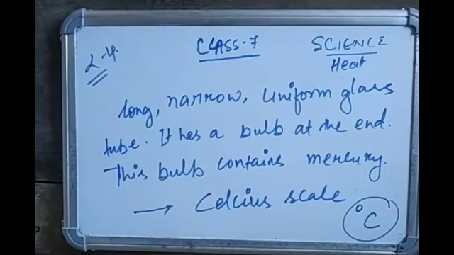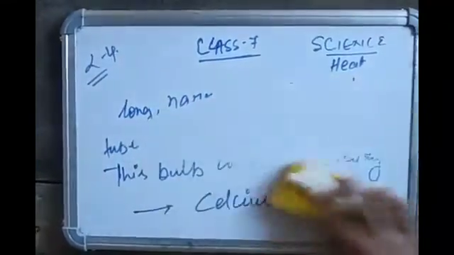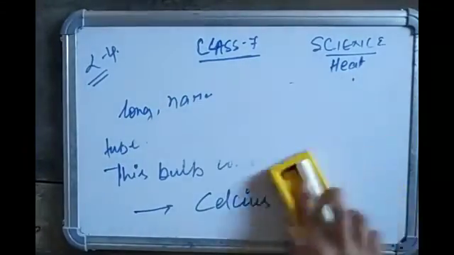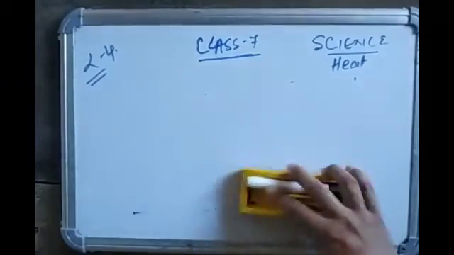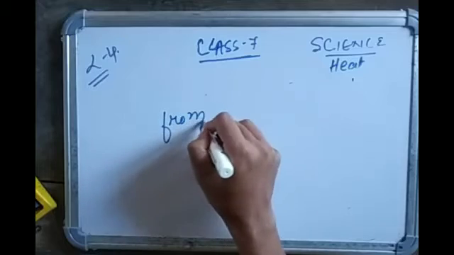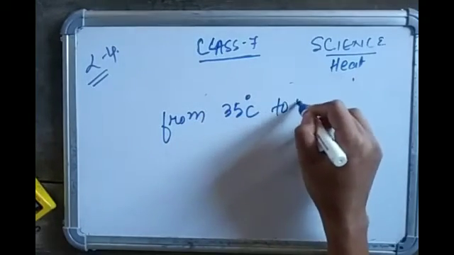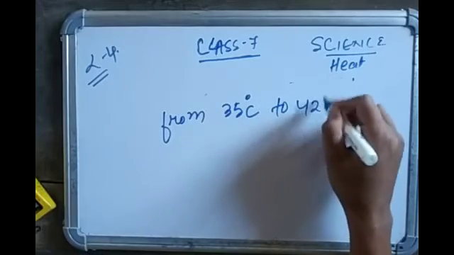So what is the range of the clinical thermometer? The range of the clinical thermometer is from 35 degrees Celsius to 42 degrees Celsius.